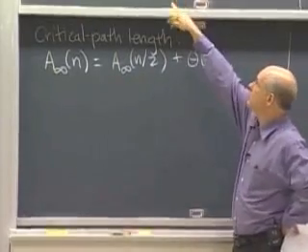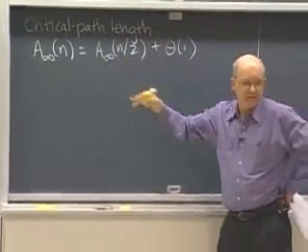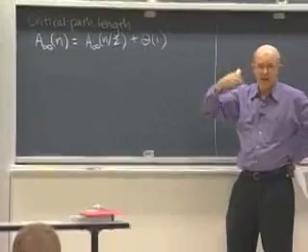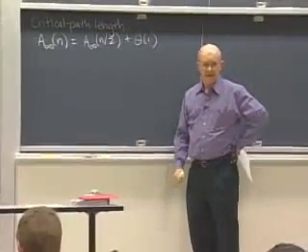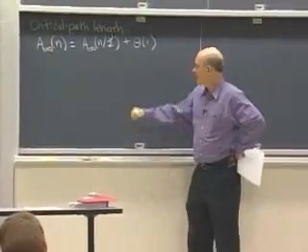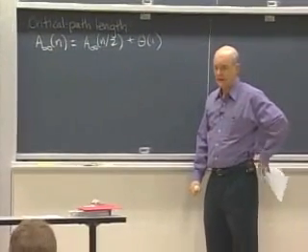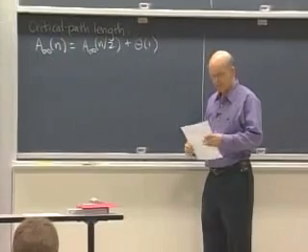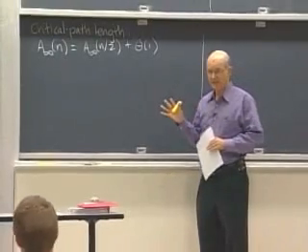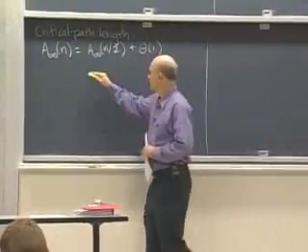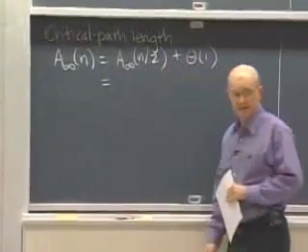Because this is the worst of any of those 4, because they're all the same. They're all a problem looking at the critical path of something that's half the size. Okay, people with me? So what's the solution to this?